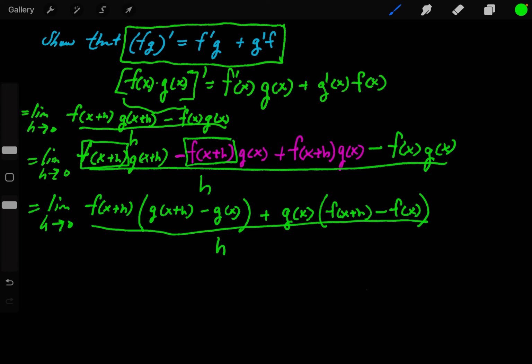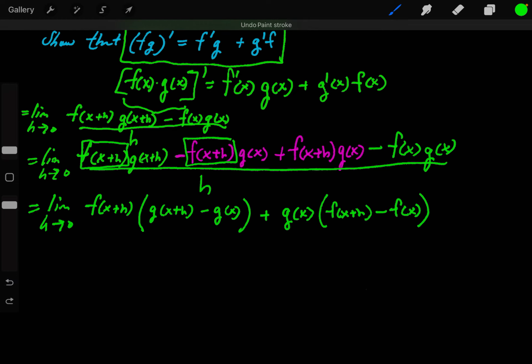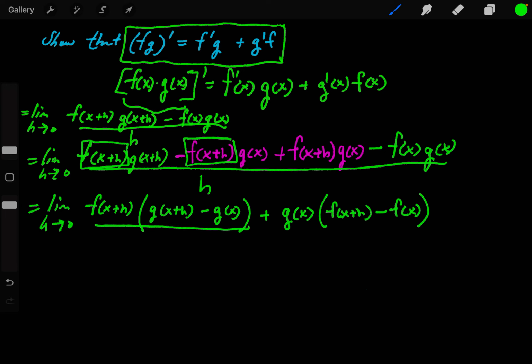And this is going to allow me now to split the limit even further. First, I could split it so it's over h here and over h here. That of course can be done by algebra. And then, again, remember, the limit of a sum is the sum of the limits.